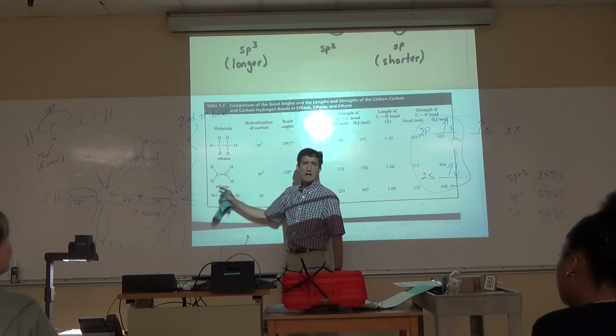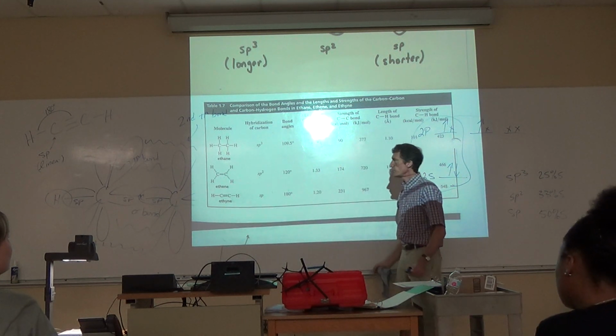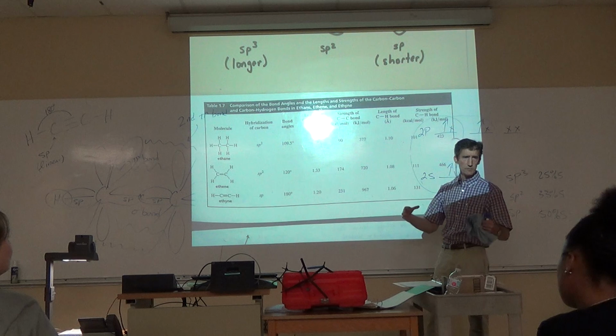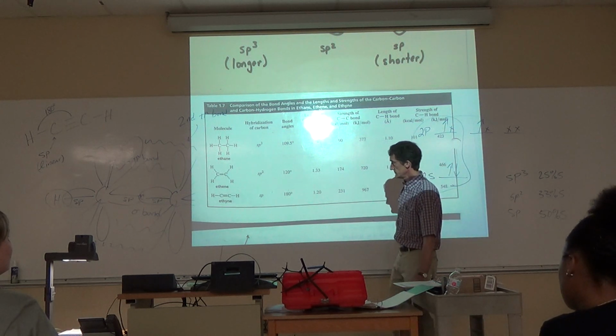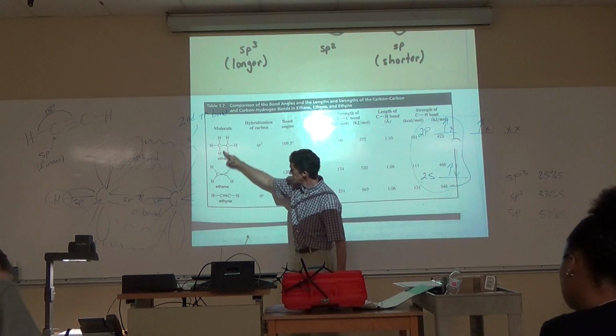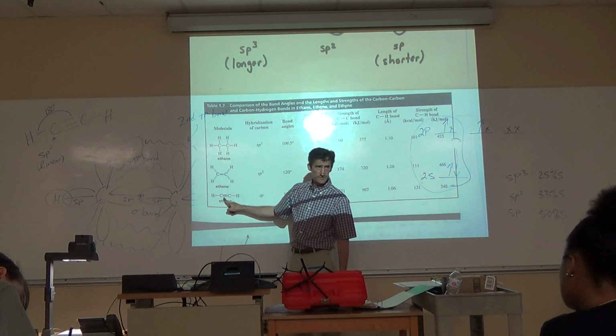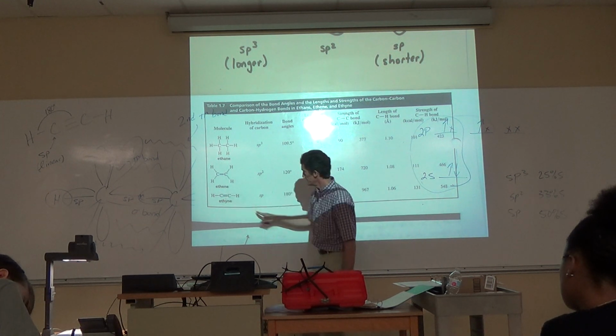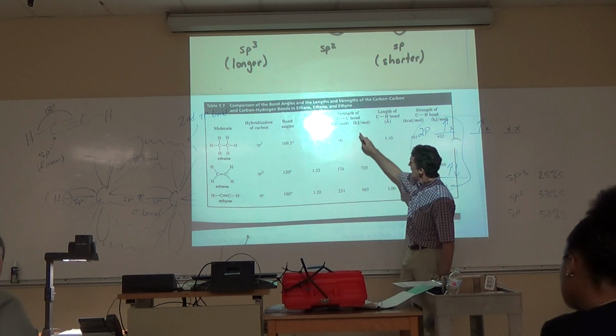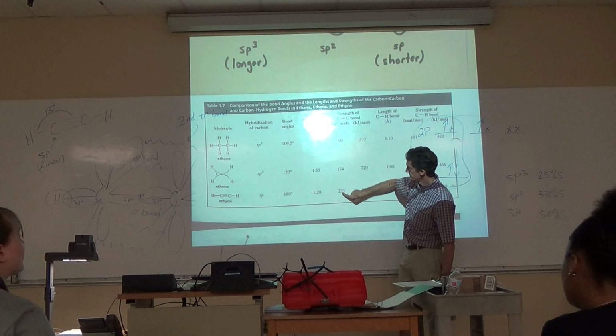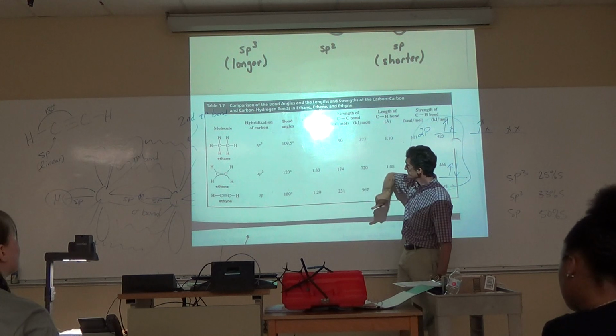That's what I don't know. They're referring to the entire bonding between the carbons. Which is stronger, single, double, or triple? You better say triple. Right? And indeed, it's stronger.